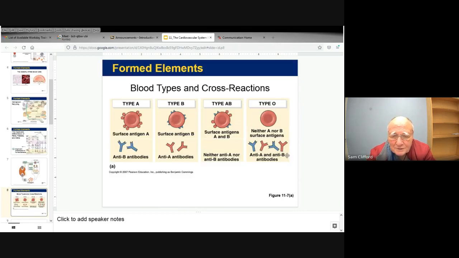Okay, blood types. There's type A, type B, type AB, type O. Type A blood has surface antigens, a protein. A protein is an antigen. It generates antibodies, and since there's no anti-B present, that is fine.